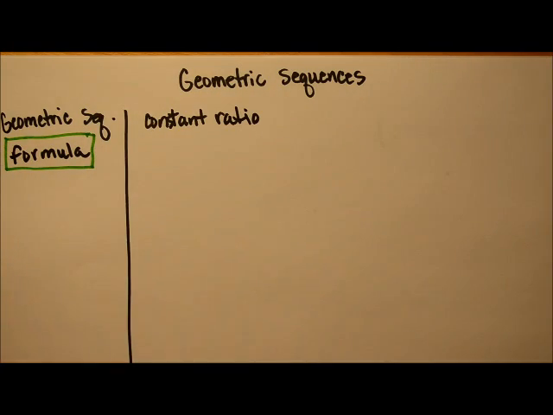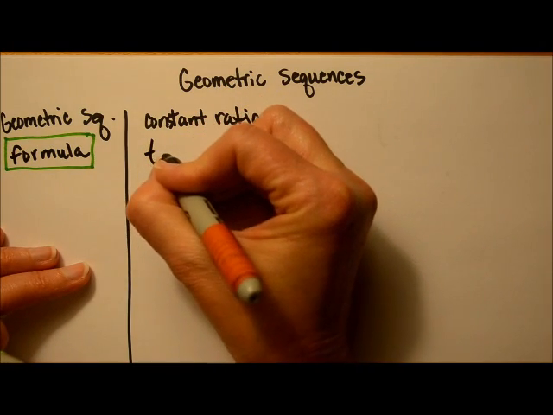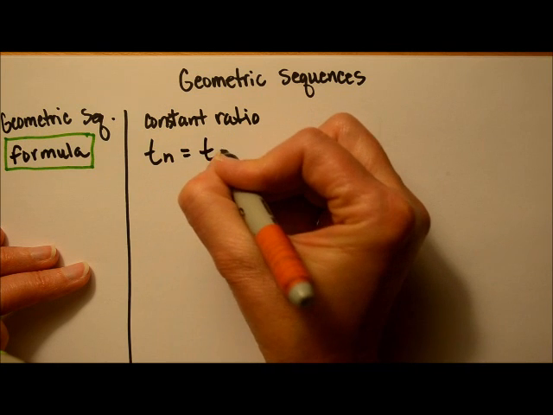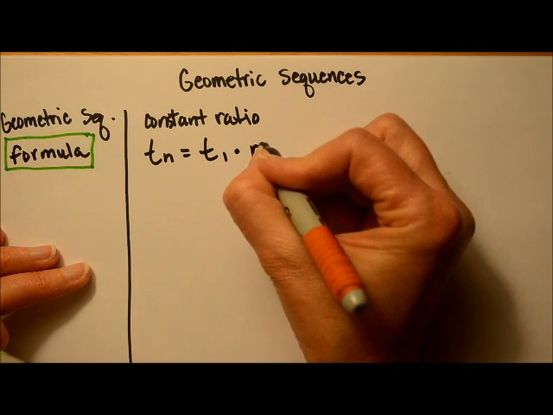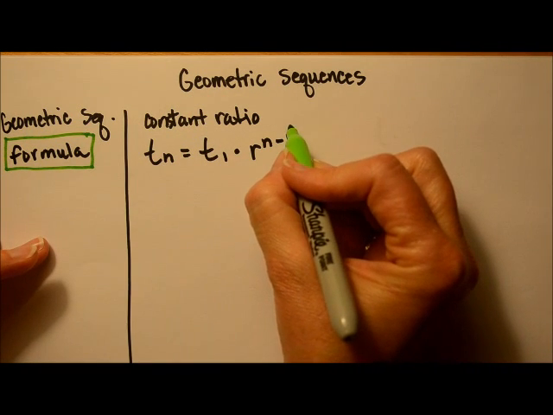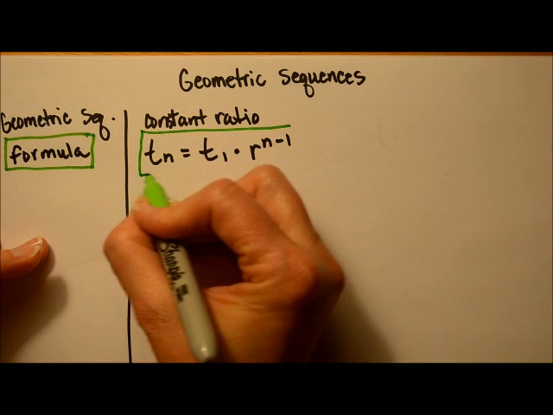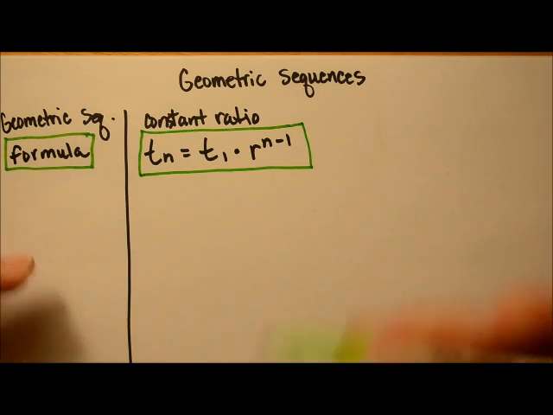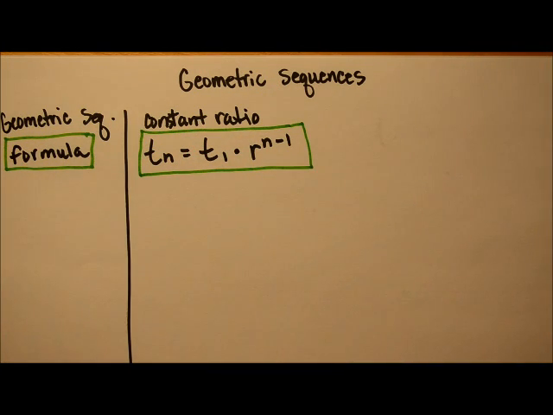Our formula is this: Tn equals T1 times r to the n minus 1. So for a geometric sequence, this is what we're going to be dealing with right here. There's our formula. Everything's going to kind of hinge on that formula.